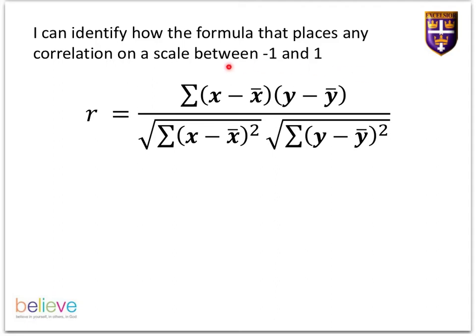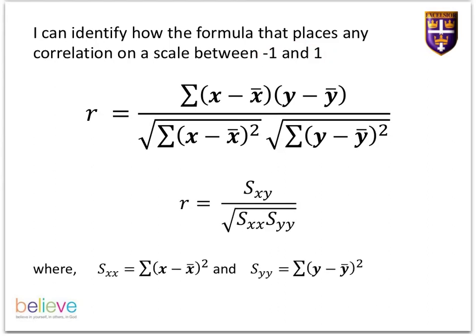So this is what we arrive at. This at the top here is the calculation we had for SXY, and this was the area where I could get my positive or negative value. And these bits on the bottom here are just mechanisms to make sure that I get a positive outcome for this and a positive outcome for that, and that when I'm dividing by them, all they're doing is scaling down the size of this so that it falls between 1 and -1 again.